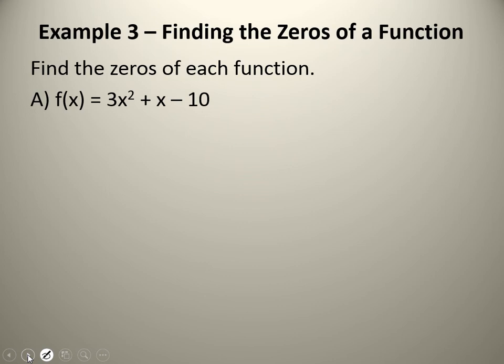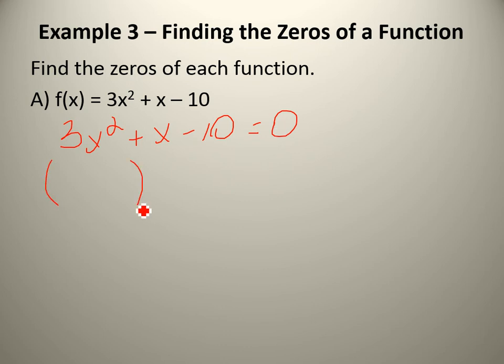So here's an example, and the question asks you to find the zeros. So I got this here. I got 3x squared plus x minus 10 equals 0. So once again, because it's a quadratic, I want to attempt to factor this. So I got 3x, I got x here, and then notice with this you have 10, you got 2 times 5, right?